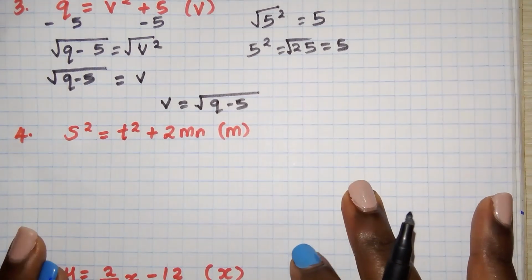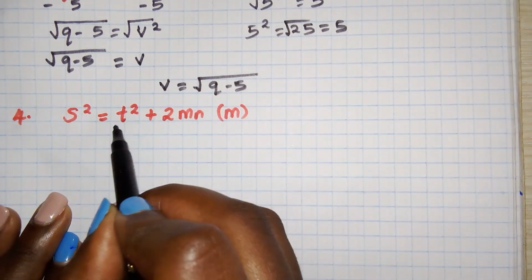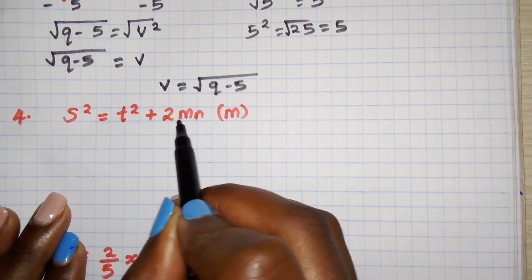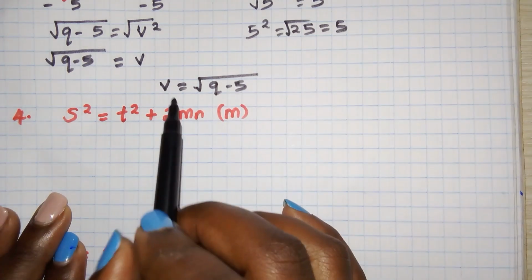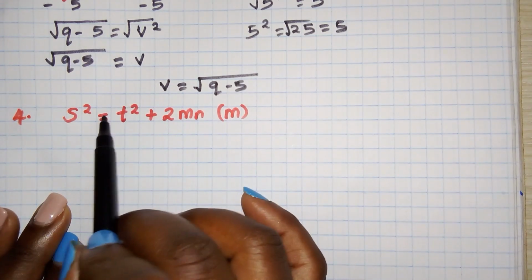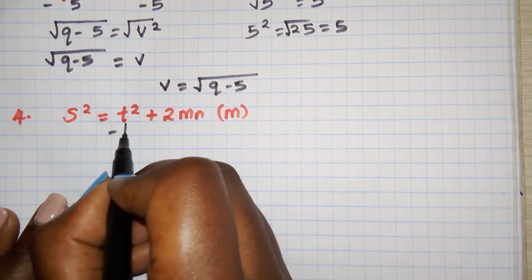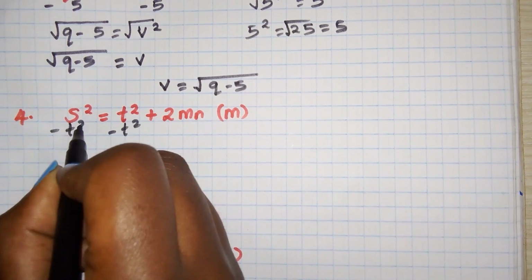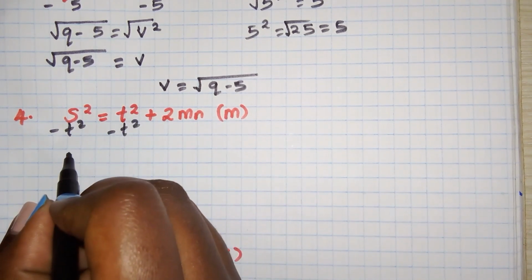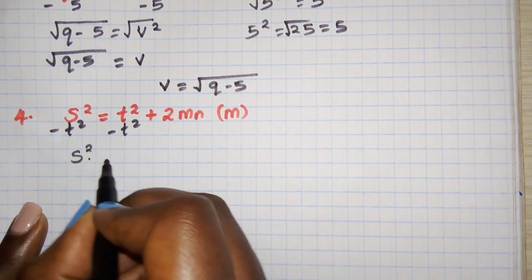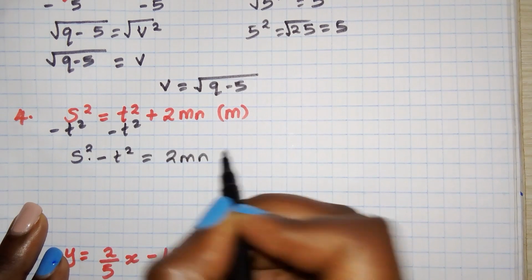Okay, number 4, s squared equals t squared plus 2mn. Make m the subject of the formula. So get rid of the t squared first of all, before we get to m and 2. So minus t squared on both sides, because here it's positive t squared. So here we have s squared minus t squared equals 2mn.